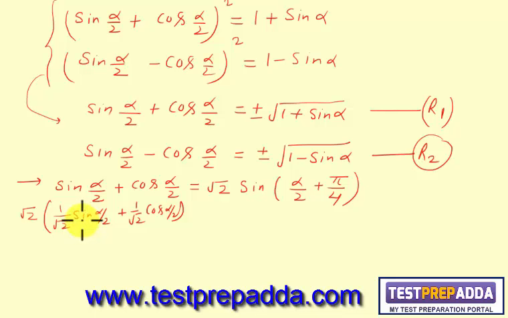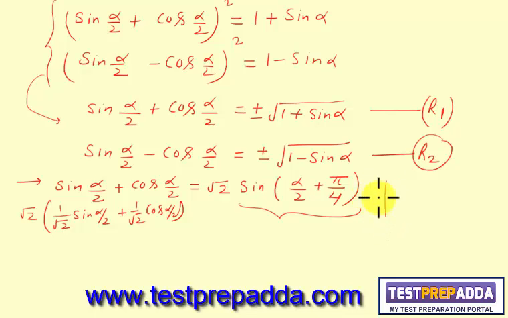So what will happen? Sin A cos B plus cos A sin B can be written as sin A plus B. Got it? So root 2 sin alpha by 2 plus pi by 4. Now this expression will be positive if this sin of alpha by 2 plus pi by 4 is positive.